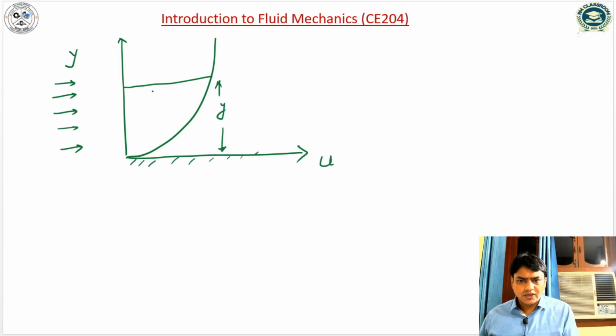One fluid layer is moving at a velocity u, and another layer is moving with a velocity of u plus du, and the distance between the two moving layers is dy.